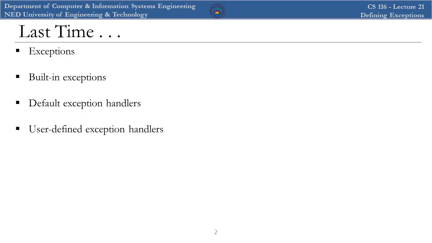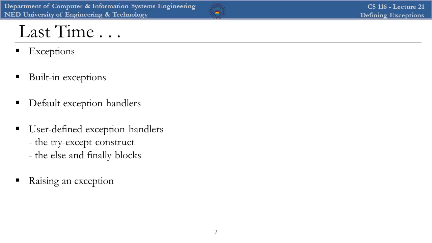And there are constructs available in Python that help us build these user-defined exception handlers. These include the try except block, and then we also saw the optional else and finally blocks. And we also learned that a user can raise an exception by himself in the code if he wants to.